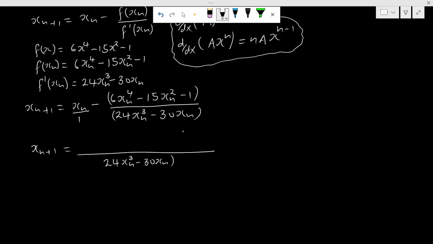If I take this LCM and divide by 1, I will get 24x_n^3 minus 30x_n. So multiplying by the numerator x_n, we have x_n into 24x_n^3 minus 30x_n, minus, dividing the LCM by the denominator, I'll get 1, and so I'm going to remain with 6x_n^4 minus 15x_n^2 minus 1.